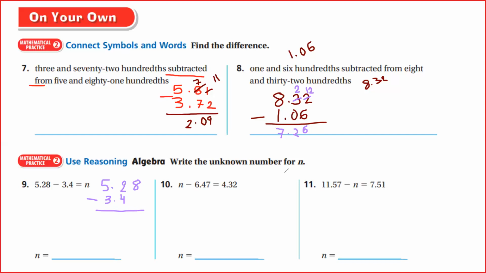Noura? Yes, teacher. Yes, Noura. Here, as you see, 5.28 minus 3.4. What do you have to do here? First, I didn't understand the lesson really well, so I just want to try. Okay, let's try. 8 minus 0 is 8. 2 minus 4.